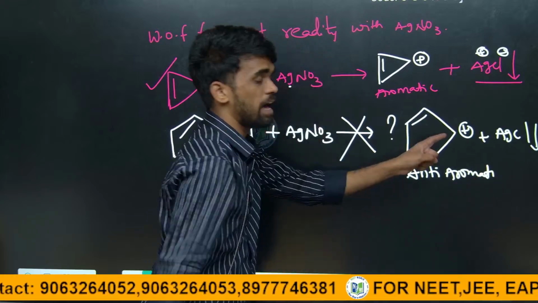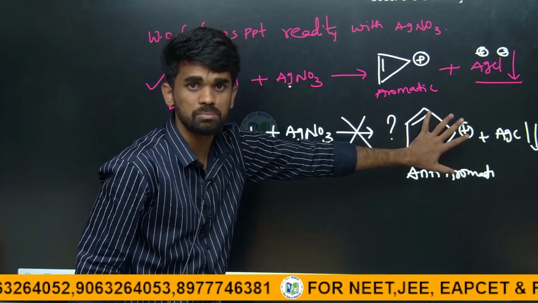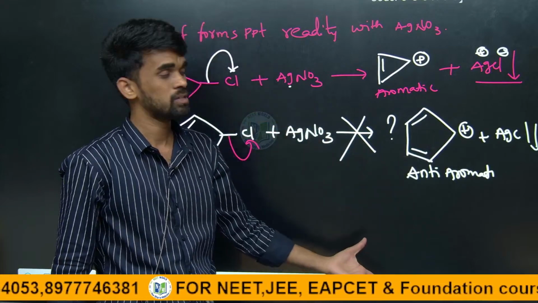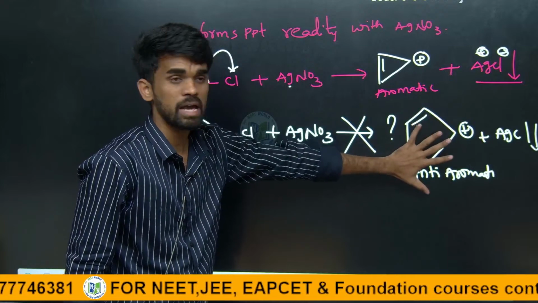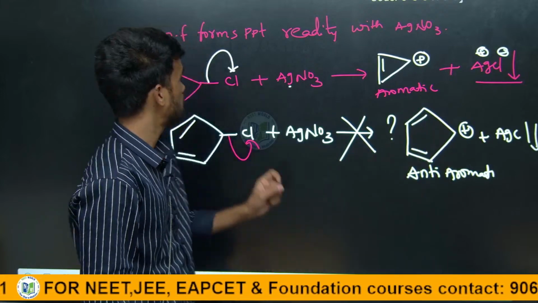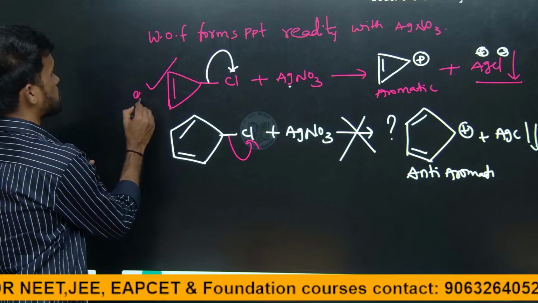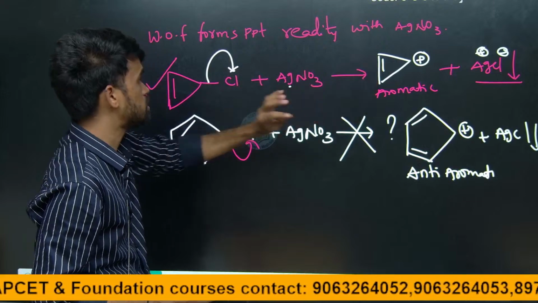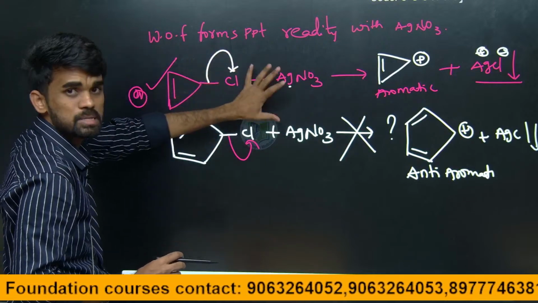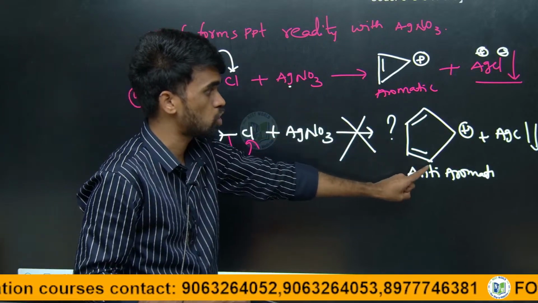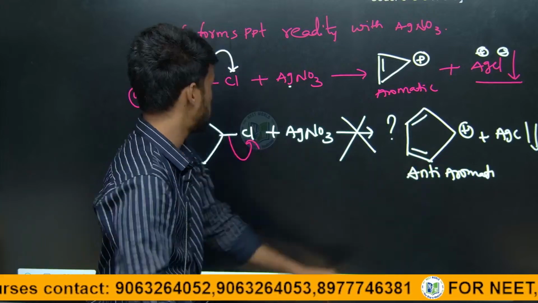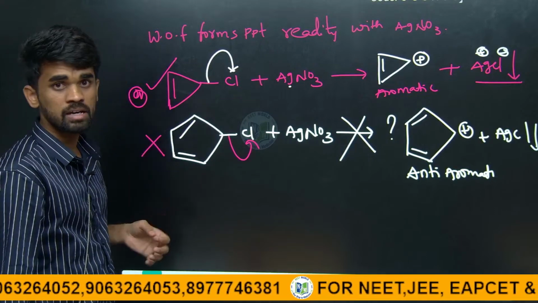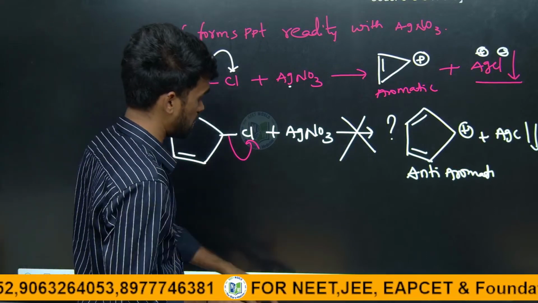If the species is anti-aromatic, it is unstable, so the reaction will not favor forward and will not even take place. So you should answer that only option A will form precipitate, not B, because the compound formed in B is anti-aromatic. This is how you need to answer the questions. I hope this is also very clear.